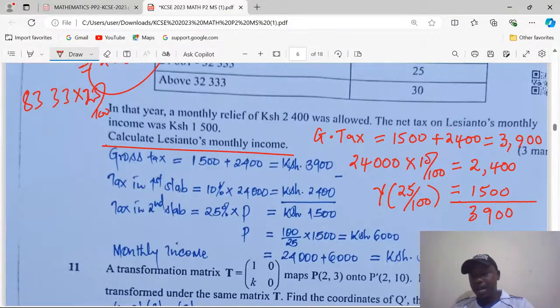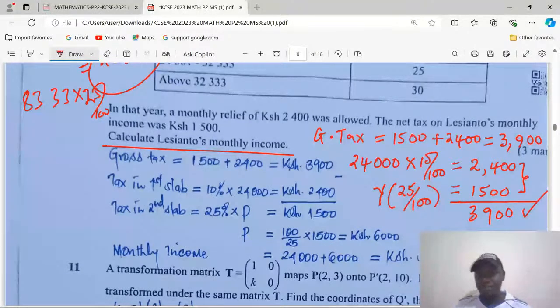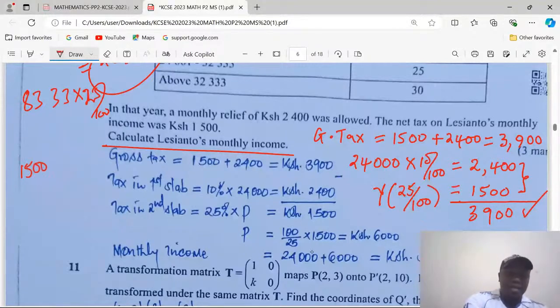Which means the amount which is being taxed now can also be calculated. You see, the tax is now adding up to the expected total tax of 3,900. That means there is an amount Y at the rate of 25%. For us to get Y, we need to take 1,500 times 100, we divide by 25.